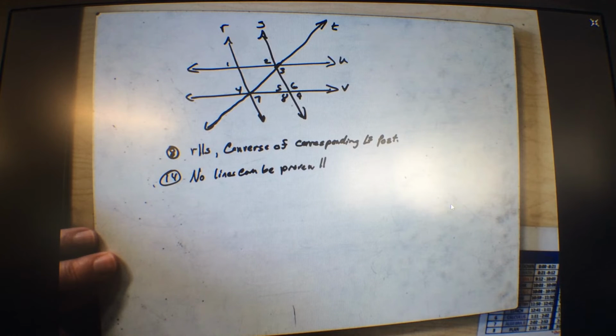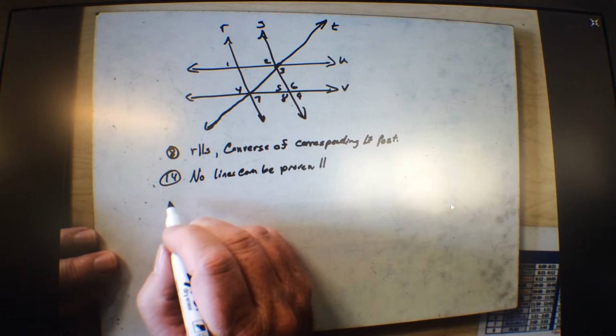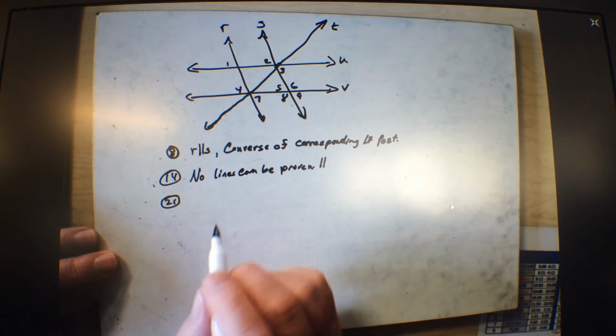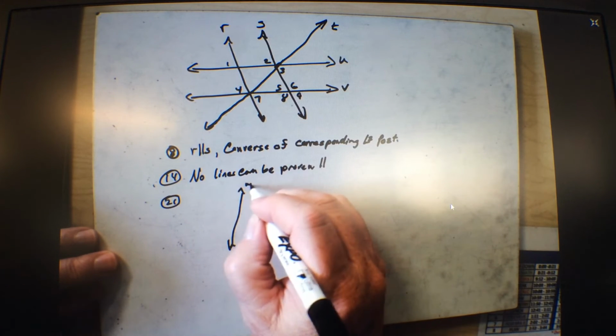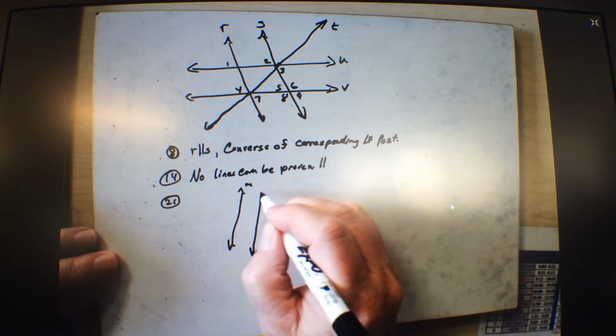Any questions? How about 16 through 21? It says, find x so that m is parallel to n. Identify the postulate or theorem used. Should we take a look at 21? Yeah. All right, see if I can draw this real quick. M and n.